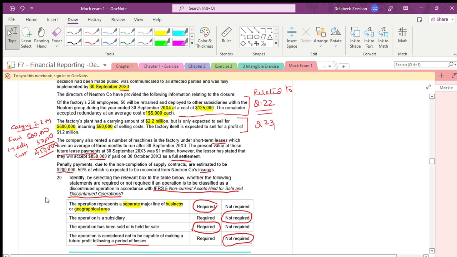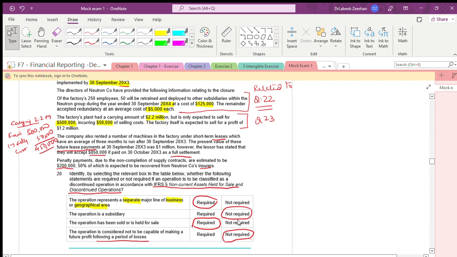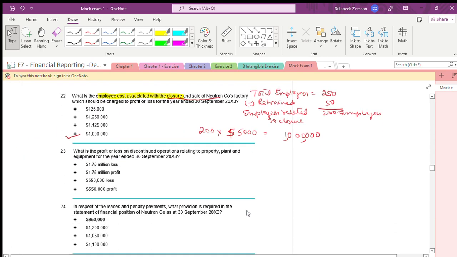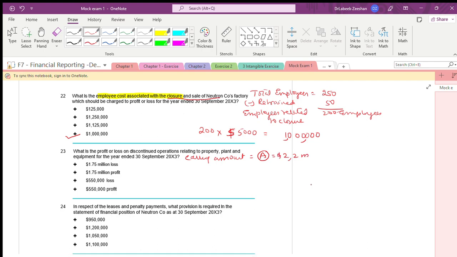We are not talking about that; we are talking about the plant only: 2.2 million, 500,000, 50,000. Carrying amount is A, which is 2.2 million.